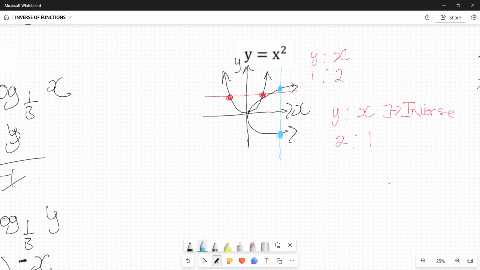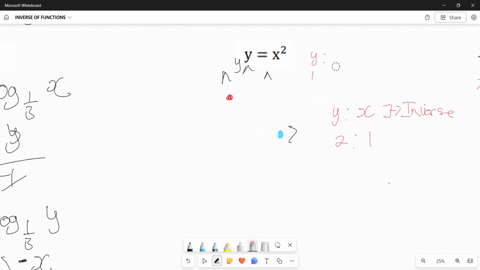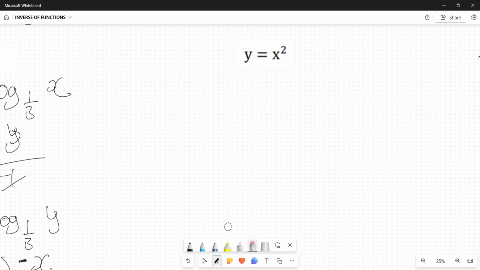So now, in order to find the inverse of a parabolic function, we have to restrict our domain for our original function. So now, let me erase this. Let's firstly try to find our inverse function.